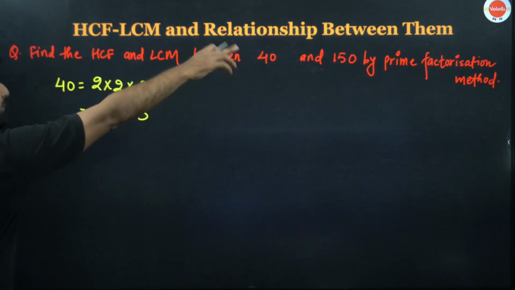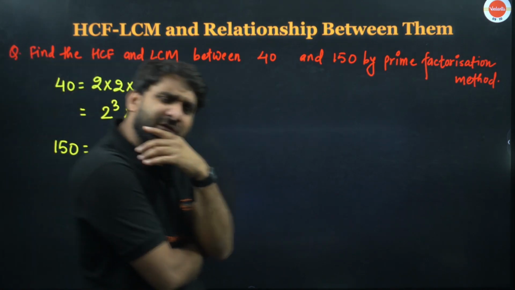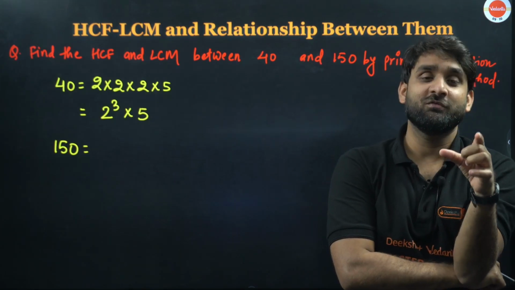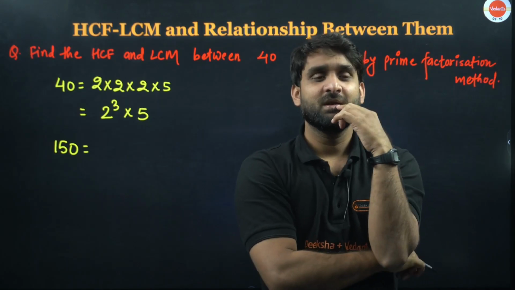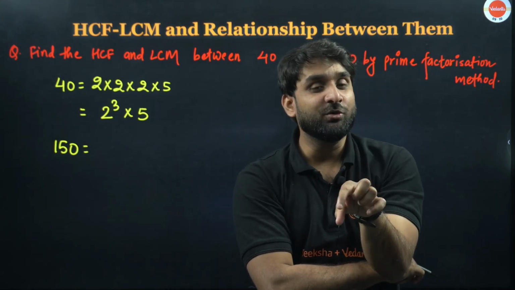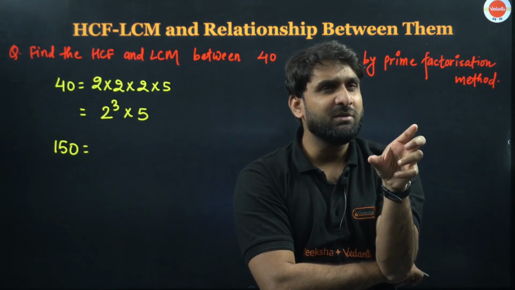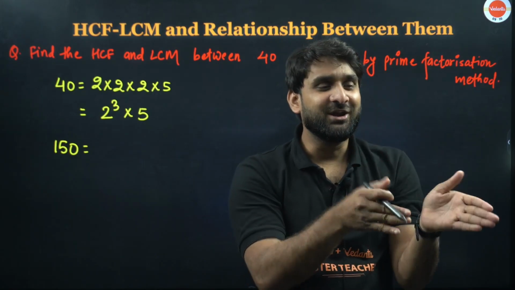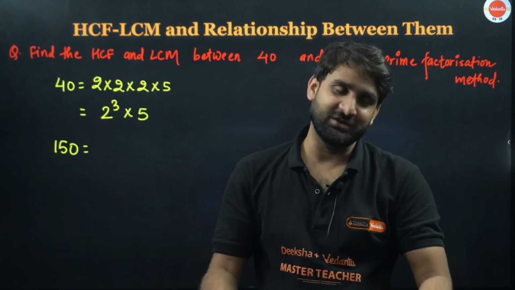Now move to 150. Some students will start taking LCM, but my student will be writing the prime factorization just in mind without even using a pen. What does 150 mean? 150 means 15 into 10. 15 can be written as 3 into 5 and 10 can be written as 2 into 5. 3 into 5 is 15 and 2 into 5 is 10, and 15 into 10 is 150.